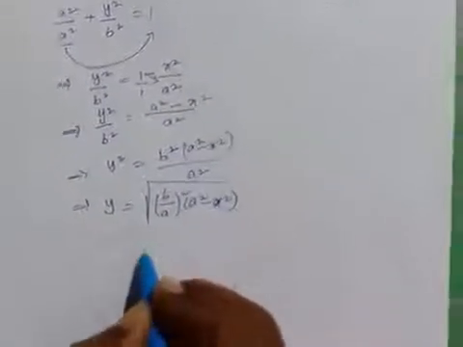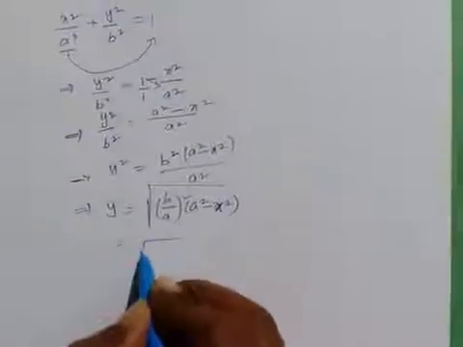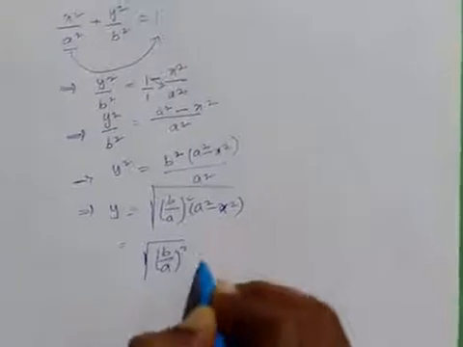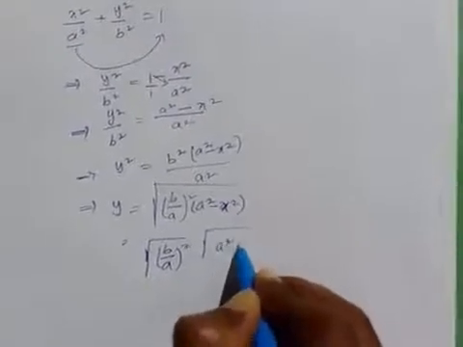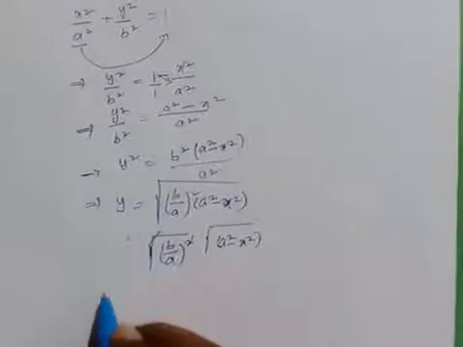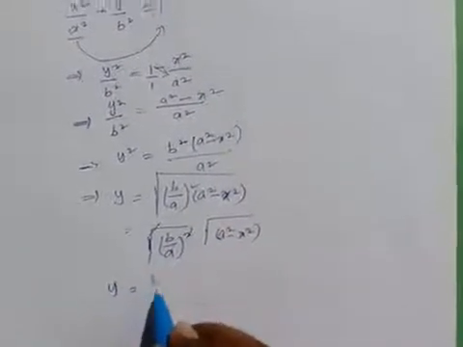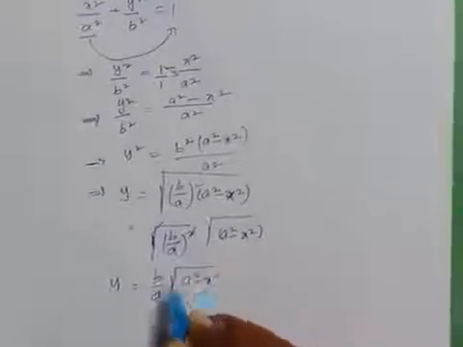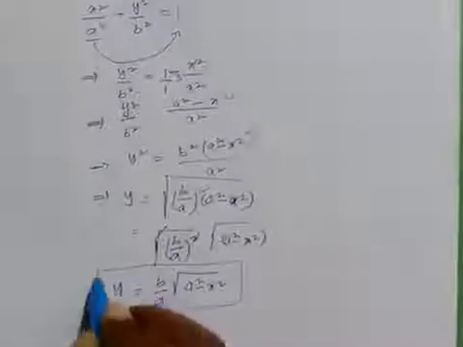Now split the power value here, under root b by a whole square into under root a square minus x square. The power and root get cancelled. This is y is equal to b by a into under root a square minus x square. See, this is the y value.